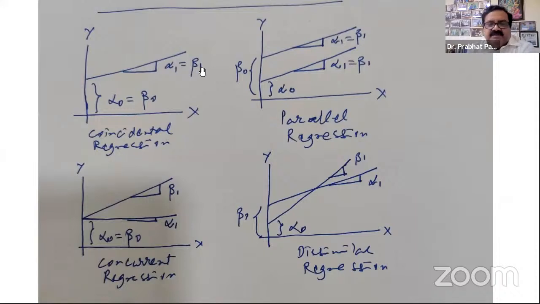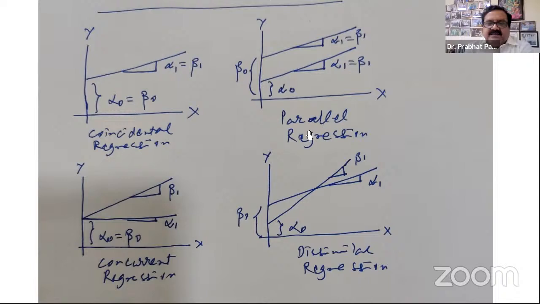And the slopes are also the same. So alpha 1 is equal to beta 1, and alpha 0 is equal to beta 0. So you have a single regression equation, which actually represents the scenario of both periods, before and after. If that happens, there is absolutely no change, either in behavior or in quantum. That's called the coincidental regression.